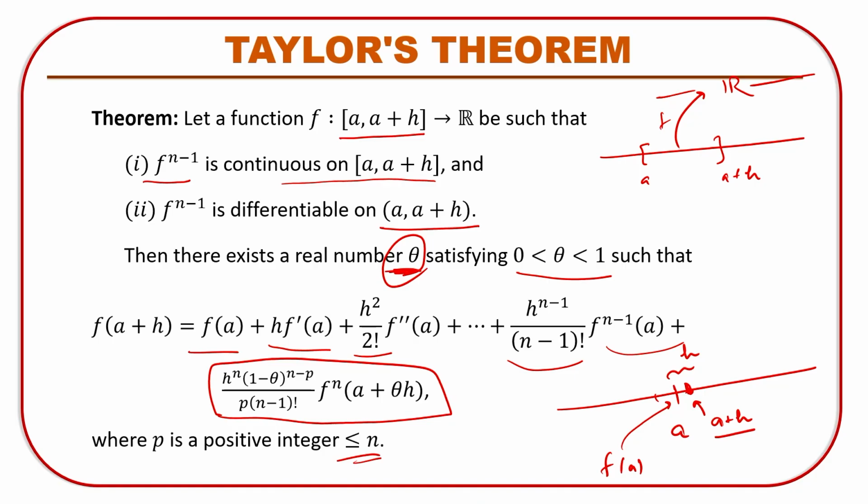That means I want to approximate this function in the neighborhood of a, and in a precise manner, what will be the value of the function at a plus h if f(a) is given. That was the first type of approximation, invented by Taylor, and that's why it is in his honor. The name is Taylor's theorem.